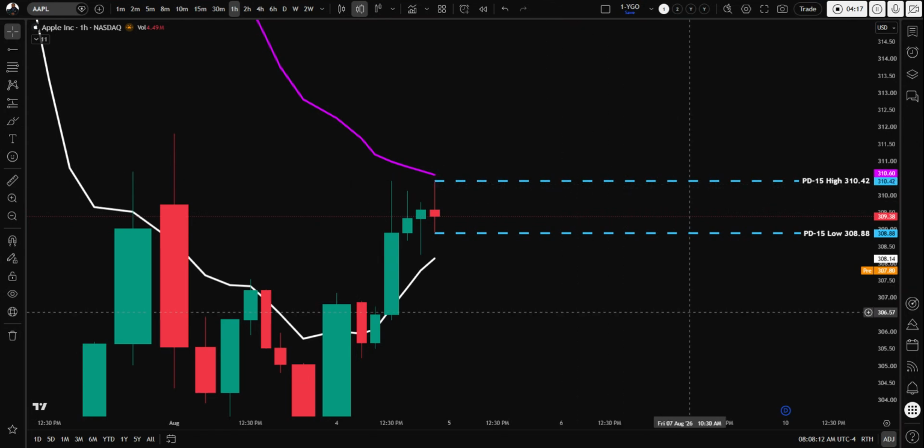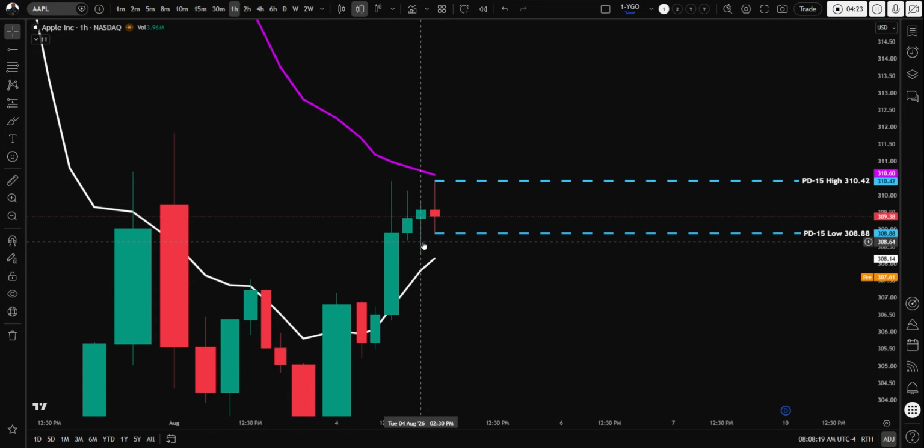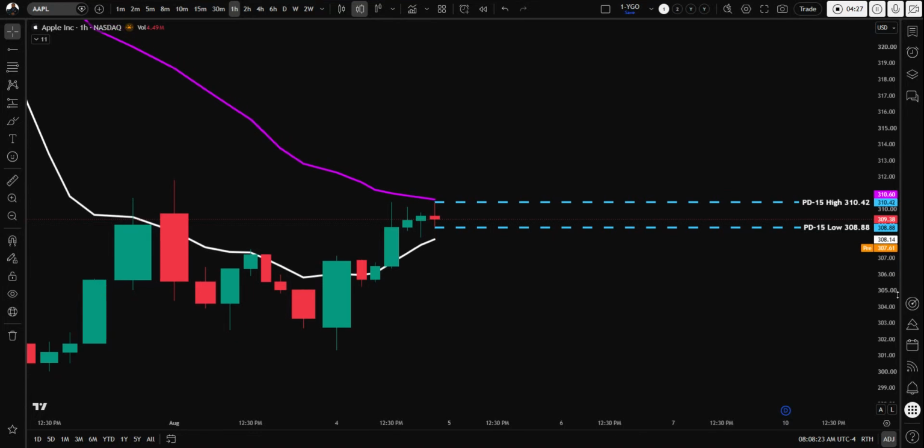Another way of doing it is to see what price has come to before on the hour. So where I think price can come back and test is about 305.12.